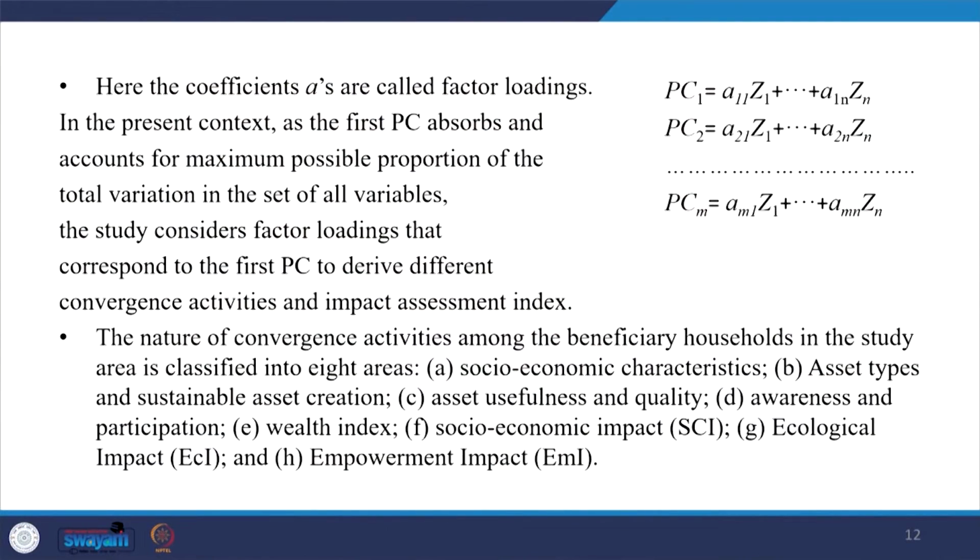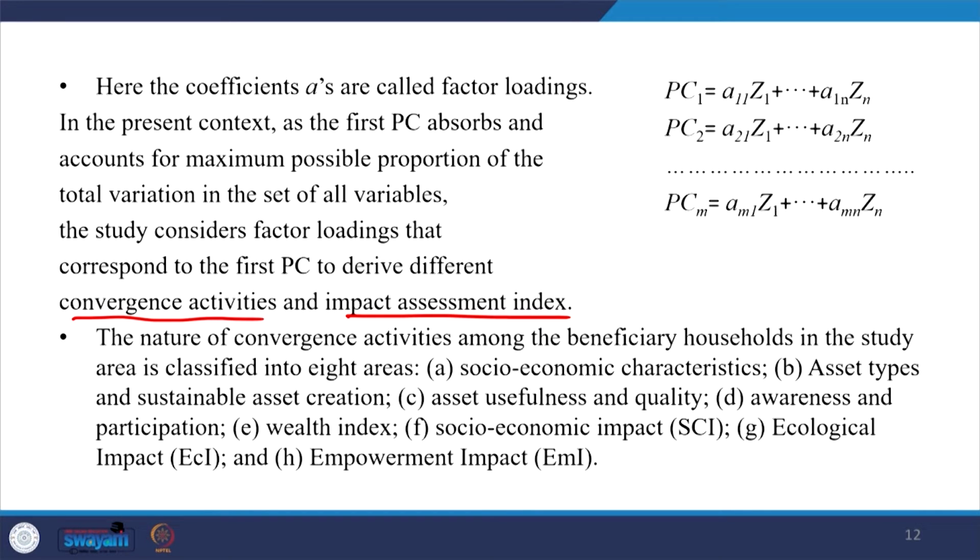The study considers factor loadings that correspond to the first PC to derive different convergence activities and impact assessment indices. We actually developed a convergence activities index and an impact assessment index, because the project was on impact assessment of convergence activities in MG-NREGA.